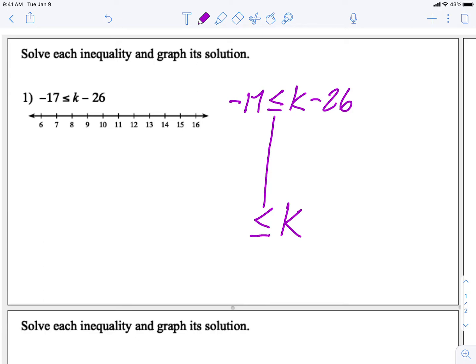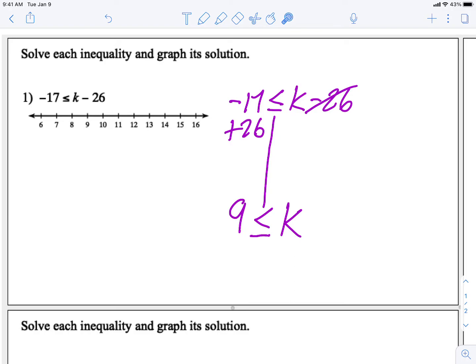So I'm going to cross out negative 26 and it becomes positive 26. Now these two don't have the same signs, so I have to subtract 26 minus 17, and I get 9. I get positive 9 because 26 is bigger and 26 is positive.